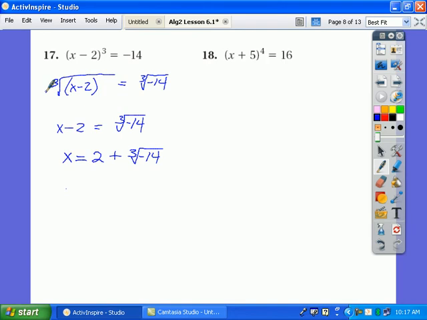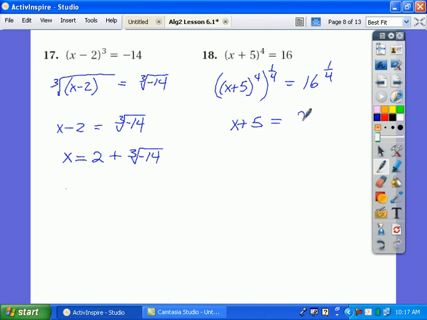For example 18, we are going to take the 4th root, or take everything to the 1/4 power. So this is x plus 5 to the 4th, and all of that to the 1/4 equals 16 to the 1/4. And so this, over here, the 4th power and the 1/4 power cancel out.